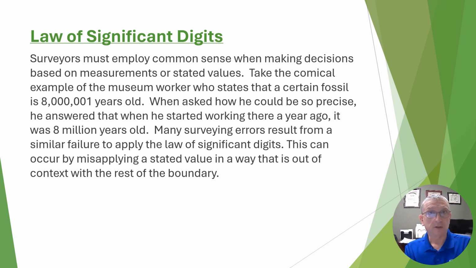So 8,000,000, think about it like 8 bananas, 8 pounds, 8 feet, somewhere between 7.5 and 8.5. So you're plus or minus 500,000 years when you say 8,000,000 years. The reason this is important is this applies to surveying, to retracement of especially old descriptions.